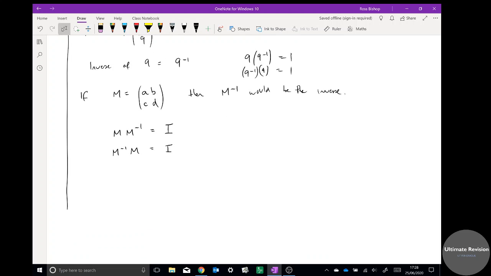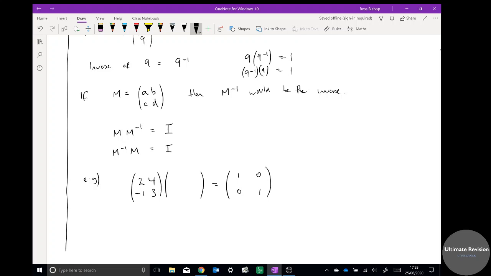Right, now I'm going to take you back to the question we looked at in the Zoom lesson. So I think I used this matrix, 2, 4, minus 1, 3, and the question was, what is the matrix I need to multiply that by to give me the identity matrix, which is 1, 0, 0, 1.